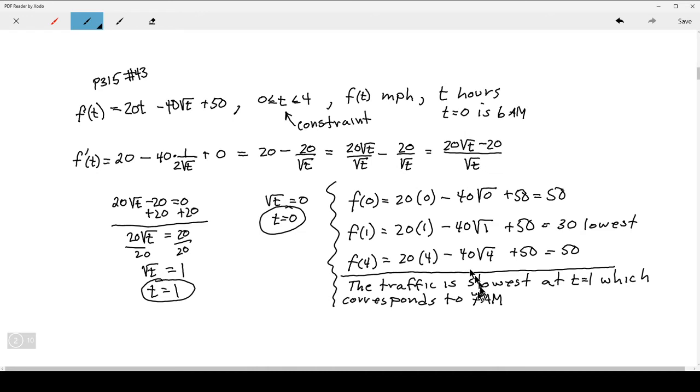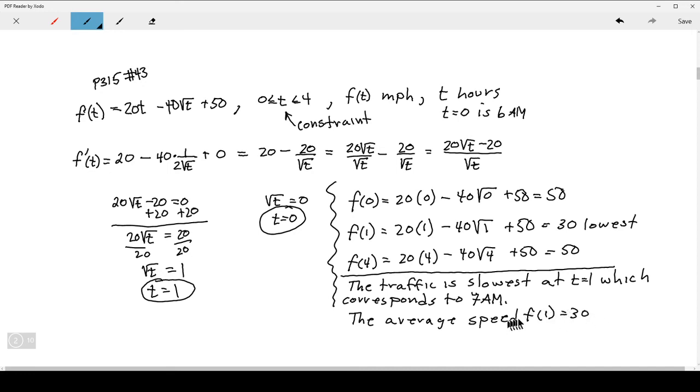So the next question asked, what was the average speed, right? The average speed, well, that is the value of the function at t equals 1, right? So that is going to be f of 1, which is 30.